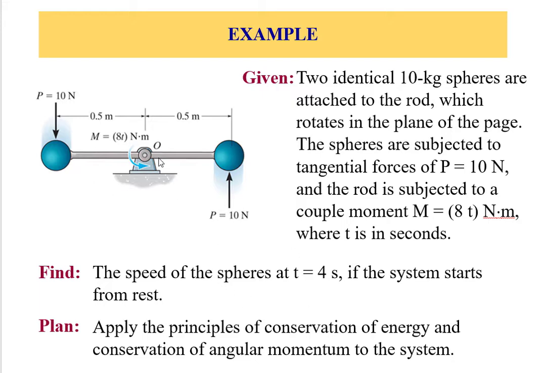And also we have a motor that is supplying torque to this rod, but this torque is a function of time, and it's increasing linearly. It's 8t Newton meter. We want to calculate the speed of these two spheres that are connected together at time equal to 4 seconds, when this system starts from rest.